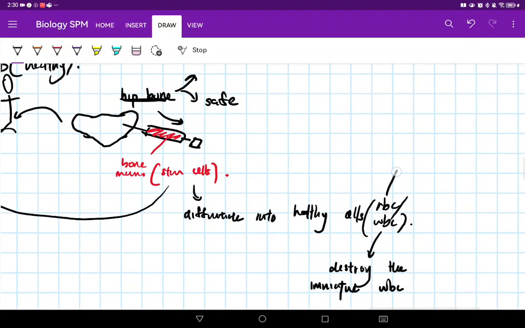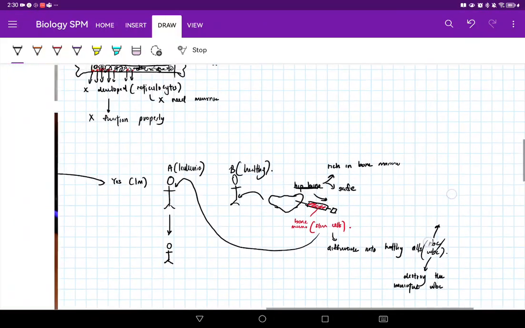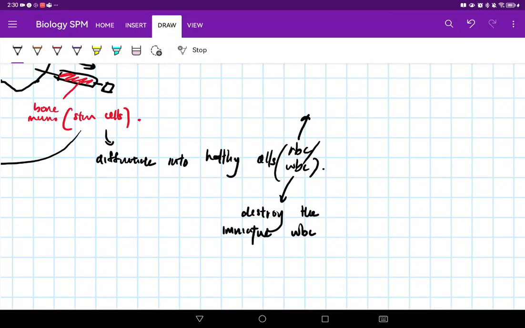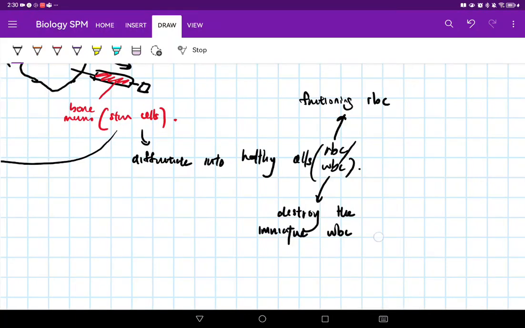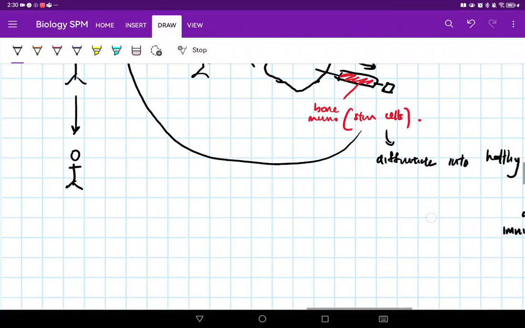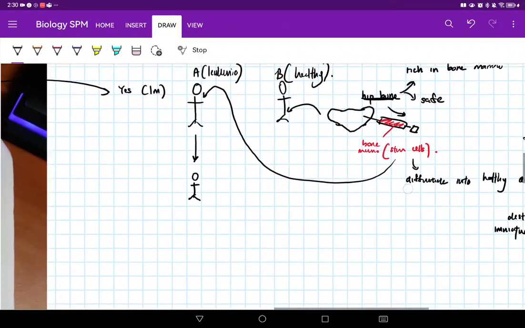They can also produce red blood cells, because remember, here the red blood cells are being forced out. They were pushed out by the many immature white blood cells, so they're not developed properly and hence cannot function properly. So to combat this, we have the healthy stem cells to produce functioning red blood cells. So these are functioning red blood cells, so that you can transport oxygen and carry out life processes. So that is how stem cell therapy can help with leukemia patients.